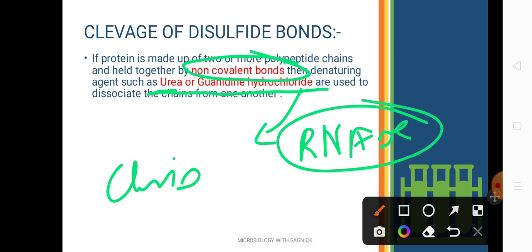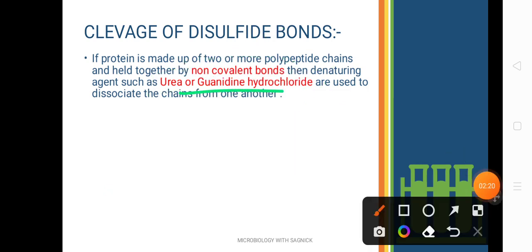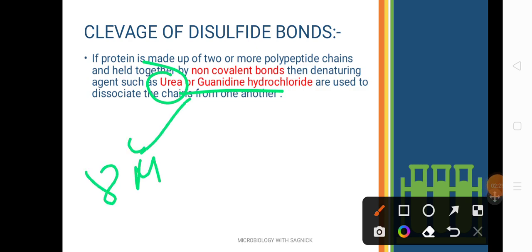So now you can understand why he used urea: to break those non-covalent bonds. Along with that, guanidine hydrochloride can also be used, but urea, especially 8 molar urea, is very important.